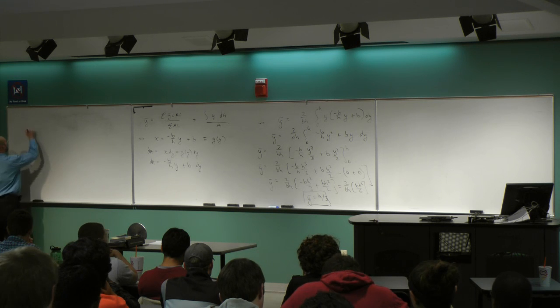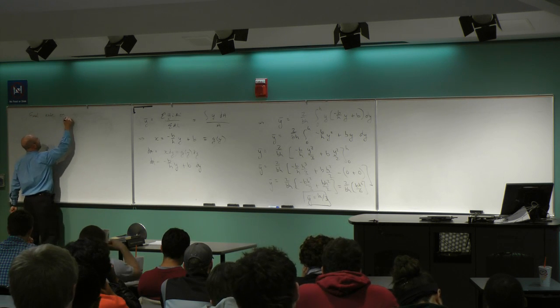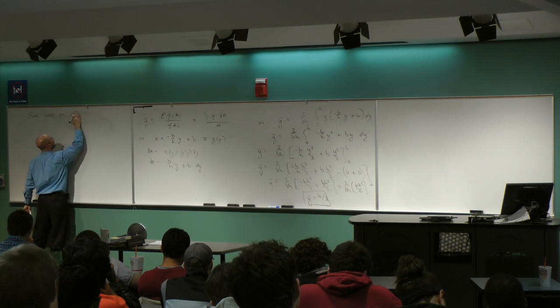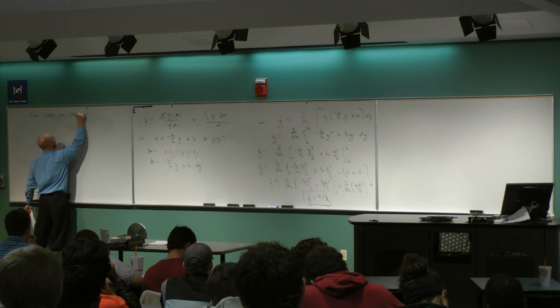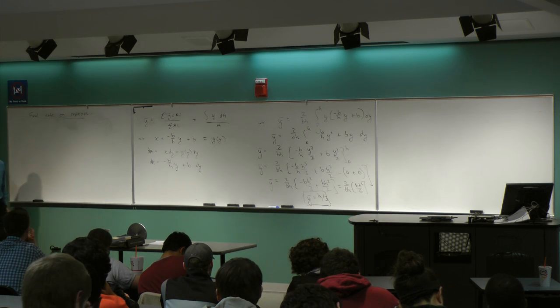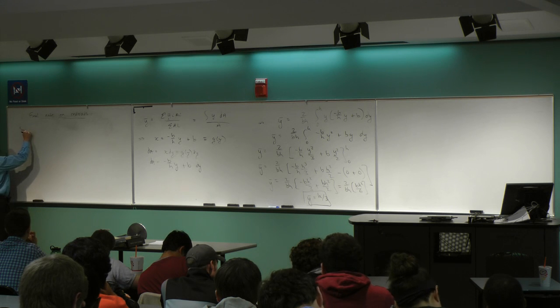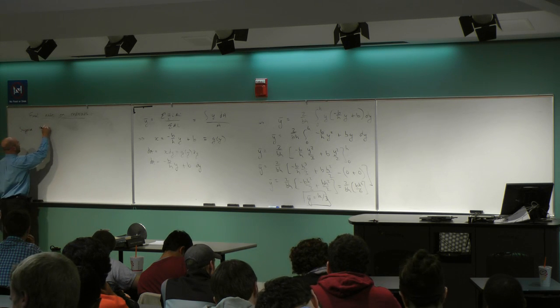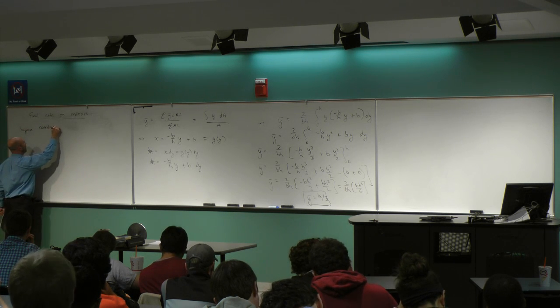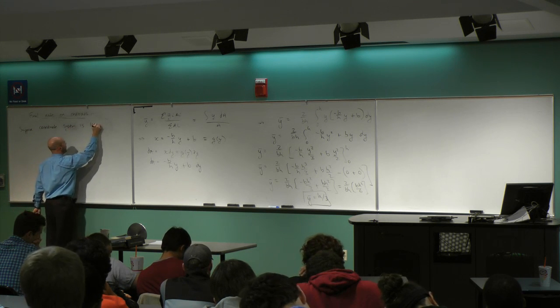So I'm going to say this is really like a final note on centroids. What if I put the coordinate axes at the centroid? So suppose the coordinate system is located at the centroid.